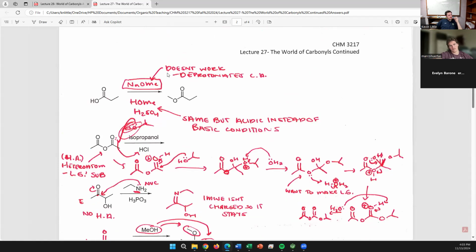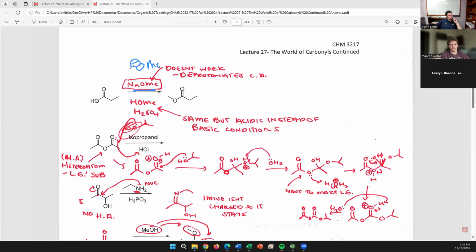All right, this is the opposite of what we were talking about earlier, where now I'm replacing this with this. So I need to somehow have a group with a methyl and an oxygen. But here's the trick. If you do this in basic conditions, this is essentially OMe minus.